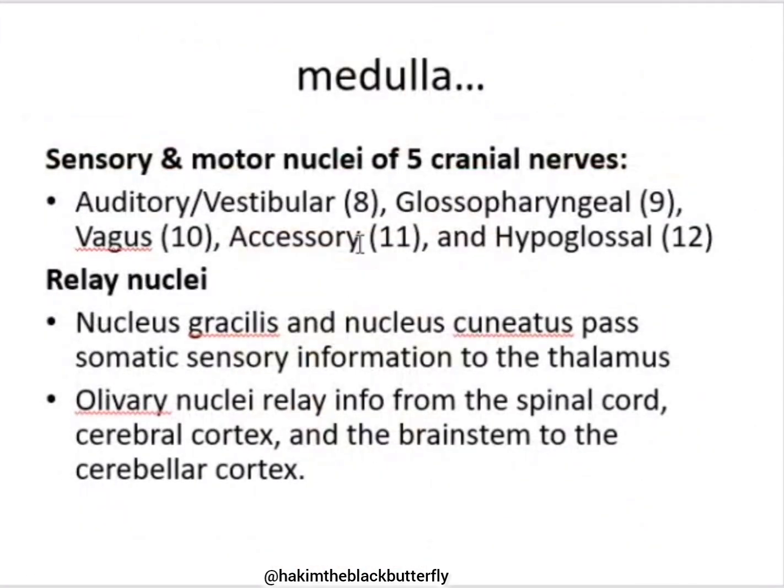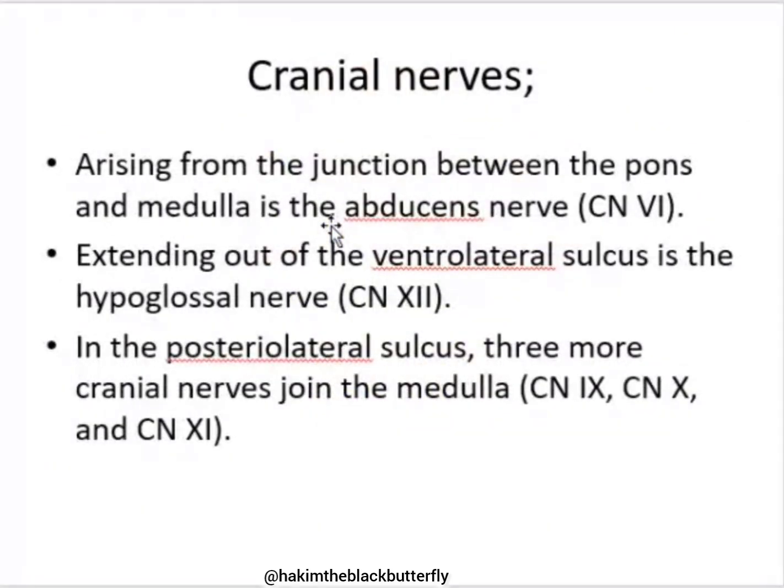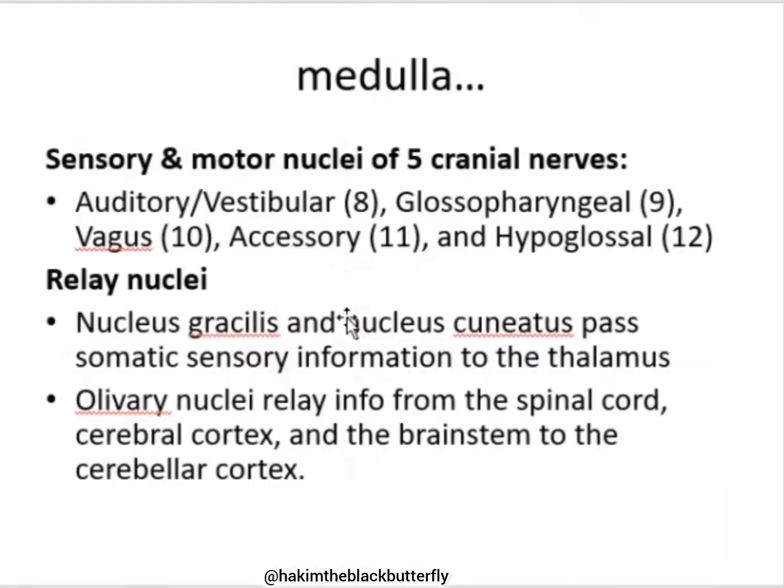So the cranial nerves which have most of their nuclei within the medulla oblongata are these ones. These ones I mentioned first, their roots are seen coming out of the medulla oblongata externally. However, these ones are the ones whose nuclei are contained within the medulla oblongata.